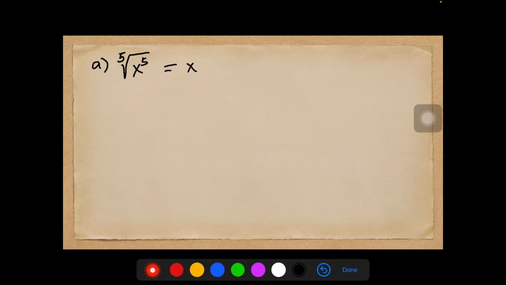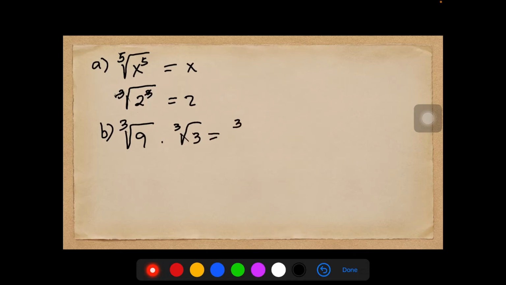If you have the cube root of 2 cubed, it can be simply written as 2. For the second law, if you have the cube root of 9 times the cube root of 3, you can have the cube root of 27. As simple as that one.